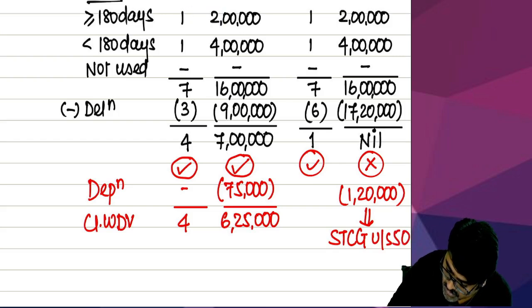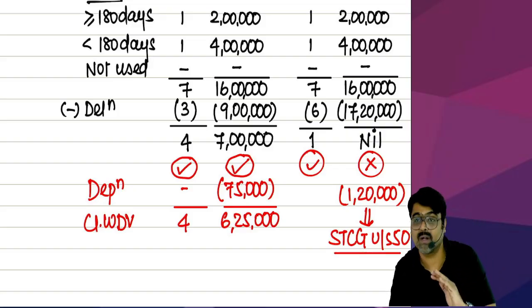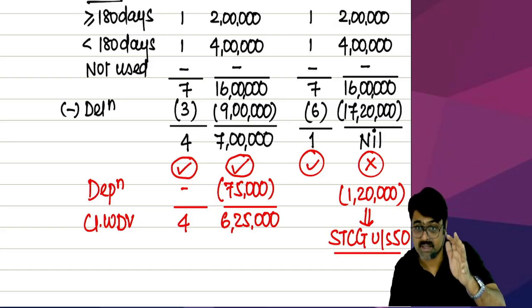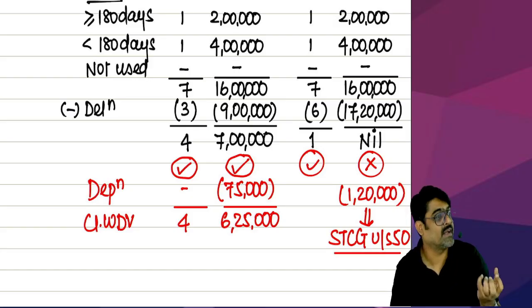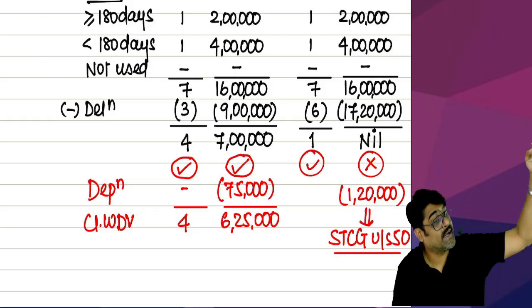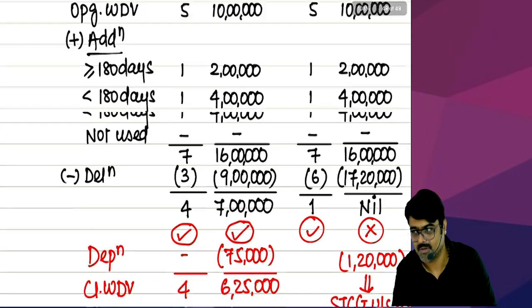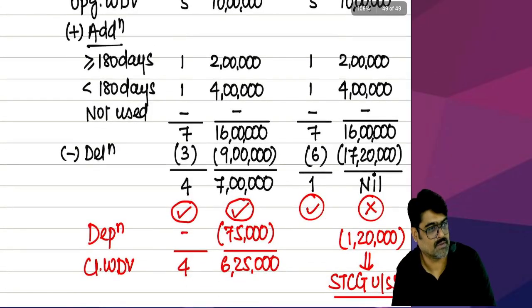This will be brought to capital gains, because over and above the cost of those assets in the block, whatever recovery is happening is your gain, which we will charge under the head capital gains. Understanding? So, this second case, I hope you understood.